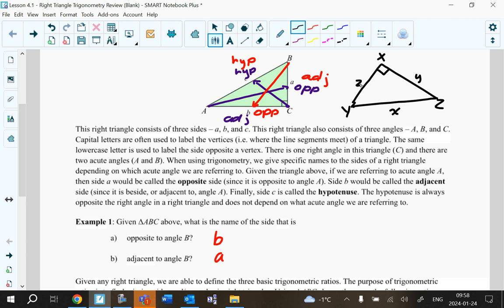So what side is opposite angle y? Little y. What side is the hypotenuse? Little x. What side is adjacent to angle z? Little y. Good. Okay. So be comfortable with that.